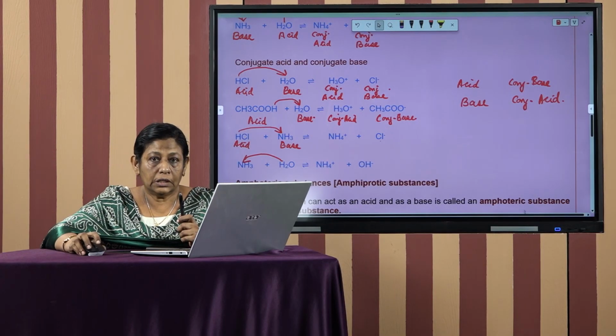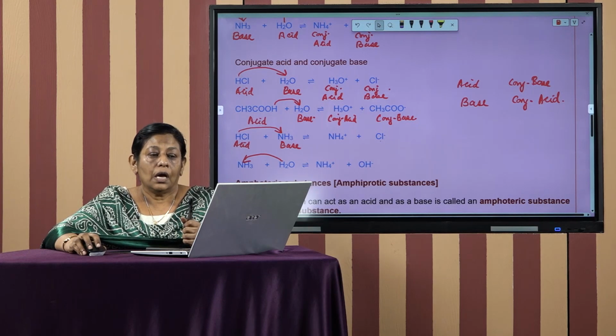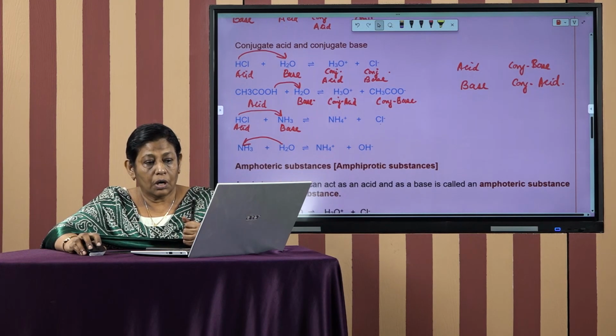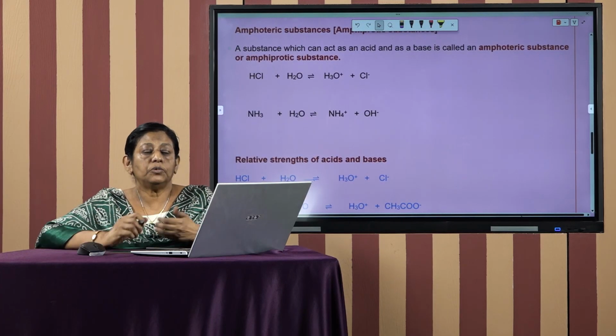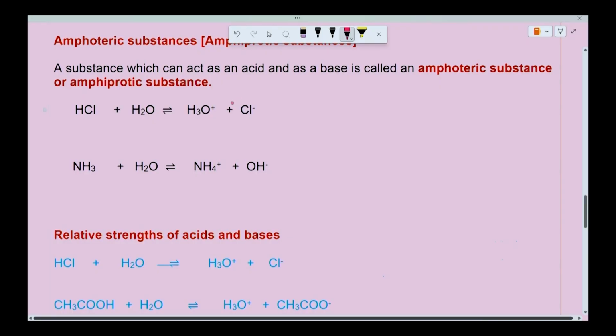Okay. Now, let us see what we mean by amphoteric substances or amphiprotic substances. A substance which can act as both acid and base, we call such substances amphiprotic.